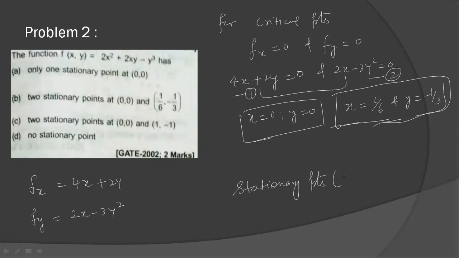Stationary points are critical points. It has another classification, saddle point, if some stationary point does not have maximum and minimum. So we will get two stationary points, but there is no need to check maximum and minima here. If the question asks for saddle points, then we have to check. A saddle point is also a type of stationary point.